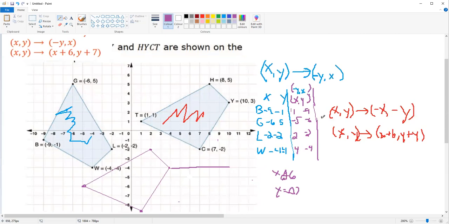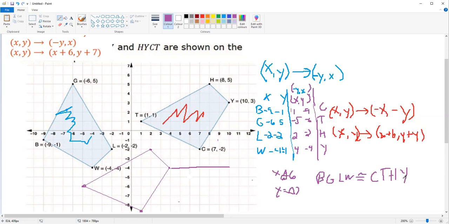This is T with G, and H with L, W with Y, and then B with C. So that means our quadrilateral, the original B, G, L, W, is congruent to C, T, H, Y.